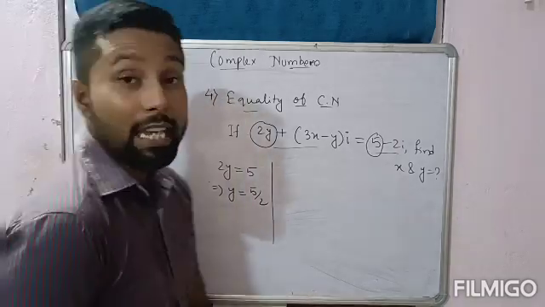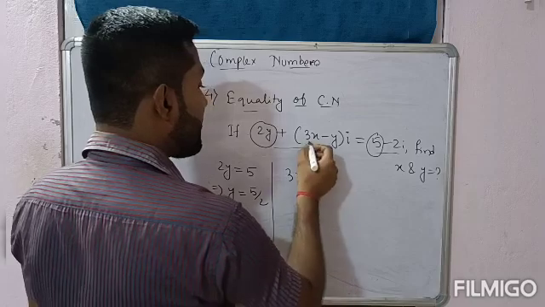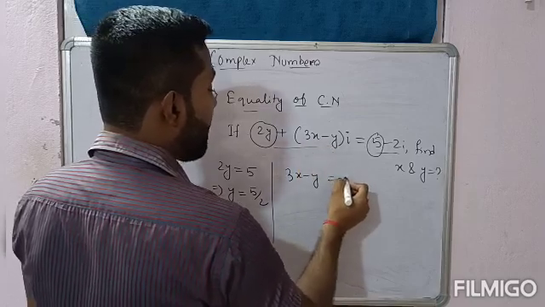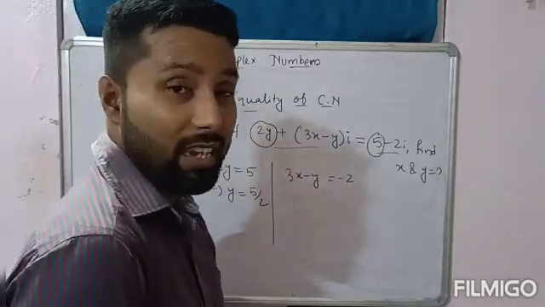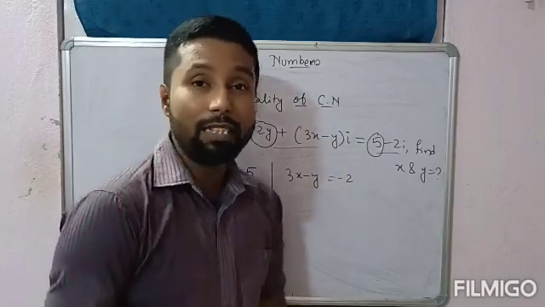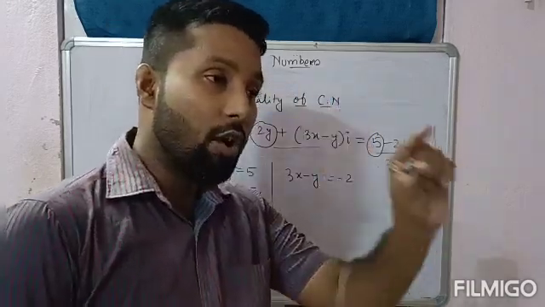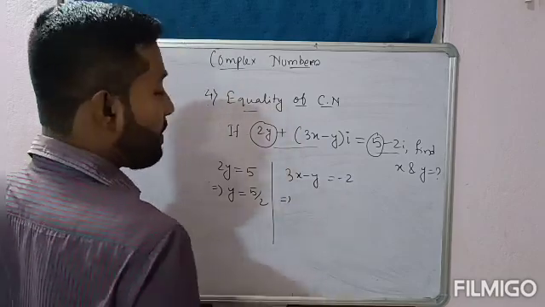Now equate the imaginary part. 3x minus y is the imaginary part on left hand side, whereas minus 2 is the imaginary part on right hand side. Don't write i, because we have to write the coefficient of i. Whenever you are asked to write the imaginary part, you just write the coefficient of i. Okay, so 3x minus y equal to minus 2.